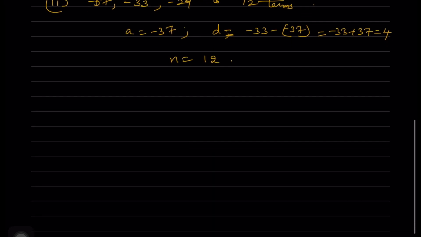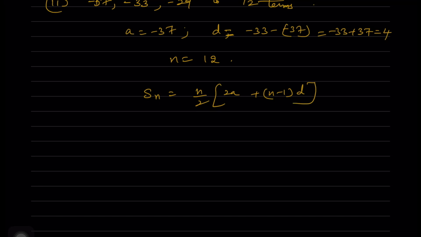So now substituting in this, what do we get? We know that Sn is equal to n by 2 into 2a plus n minus 1 into d. So here n is 12, so S12 is 12 by 2 into 2 into minus 37 plus 12 minus 1, into 4.